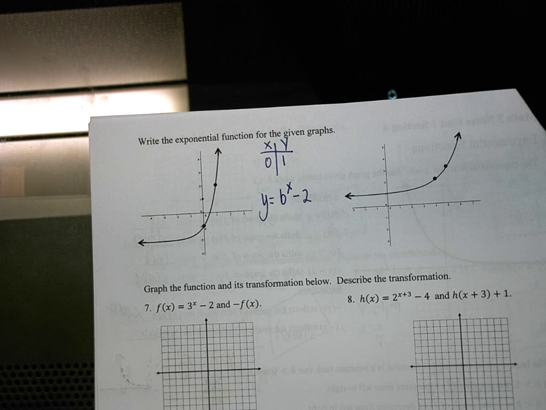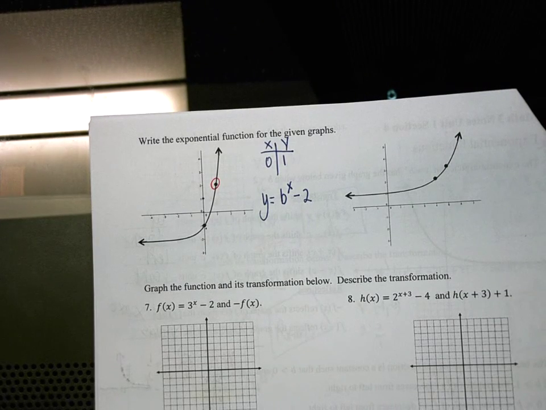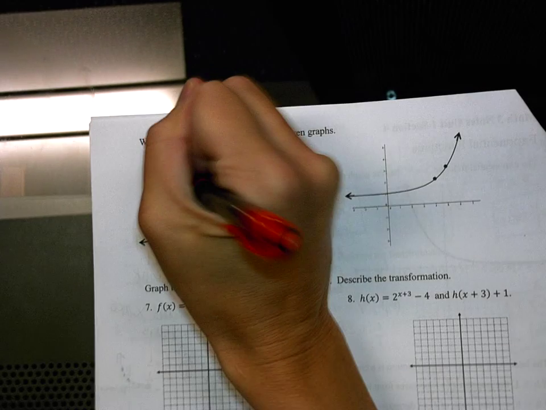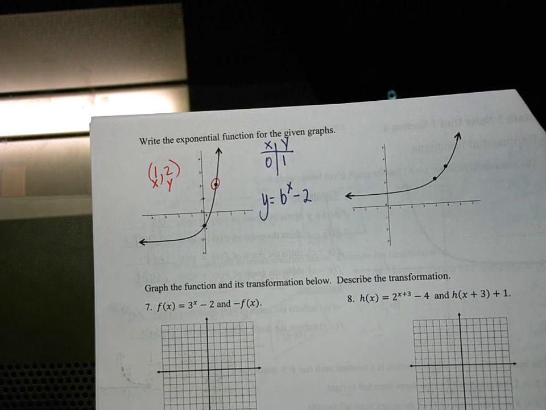Because I'm not all-knowing. I know it's surprising, but this ordered pair right here, what is this? Okay, so we have the ordered pair 1, 2. Remember that these go x and y. I think we should plug these values in and find what our base value should be.